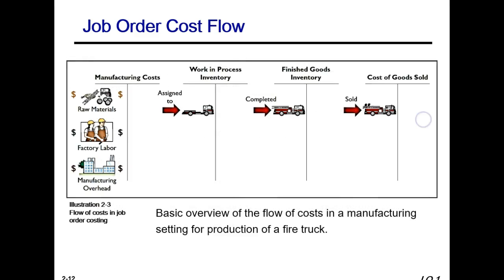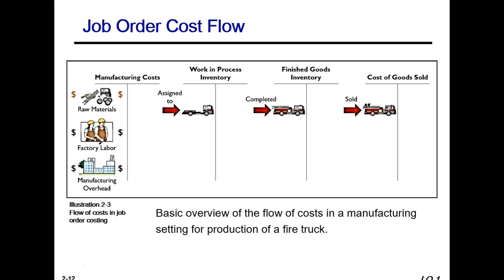Okay? So as you see here, in building a fire truck, we have raw materials, we have factory labor, and we have manufacturing overhead. As we're producing this fire truck, the goods and the costs are going to go into work in process.